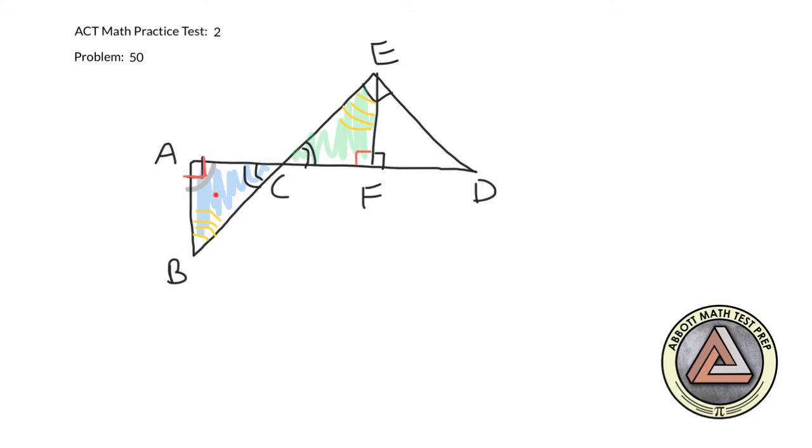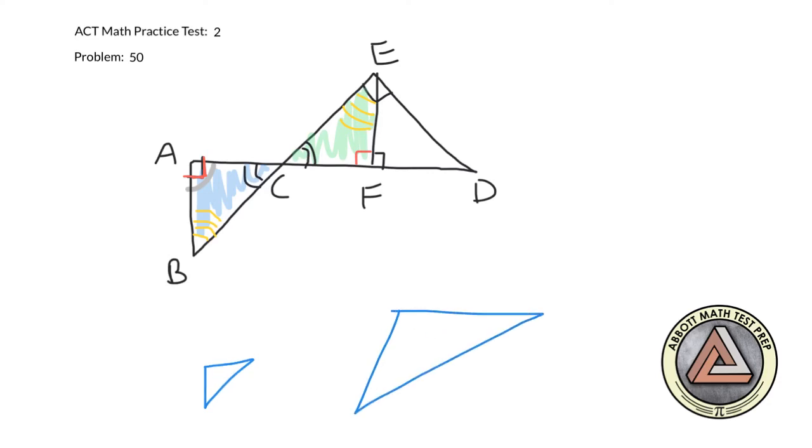Now, anytime you have two triangles where the angles are equal to each other, where both triangles feature the same angles, those triangles are similar. Okay, they're not necessarily congruent, but they're similar. Now, similar means same shape certainly, although not necessarily the same size.